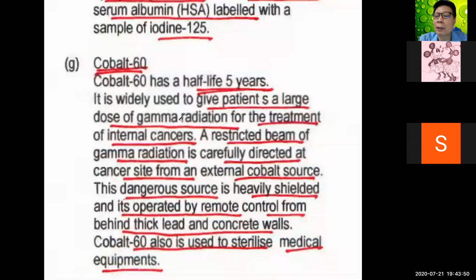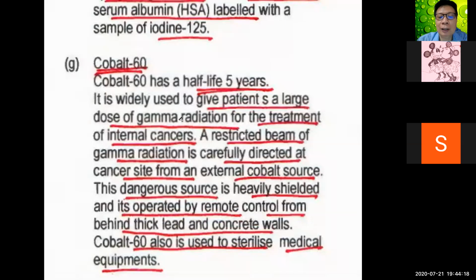The cell can reproduce and build up new cells. But alpha and beta ionize the cell, and normally don't kill it. If the cell dies, okay, but if the cell does not die, it will become abnormal. Abnormal cells become cancer. So that's why alpha and beta are not encouraged for use in the body.